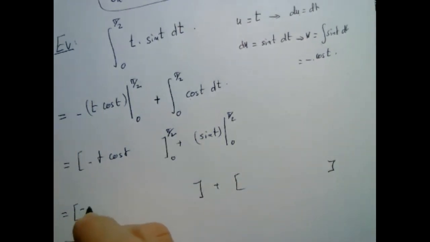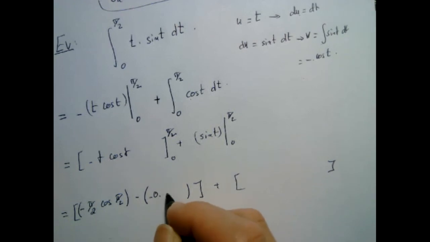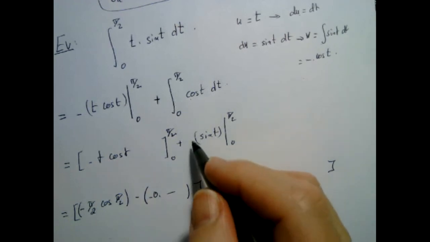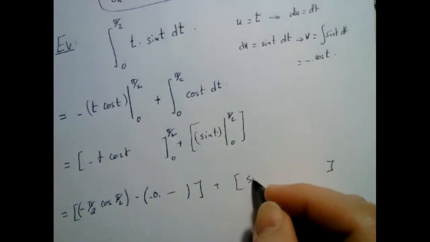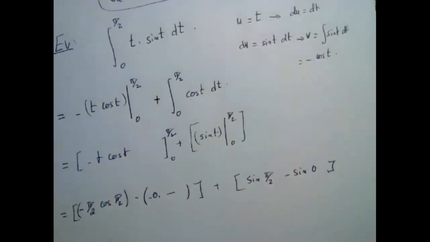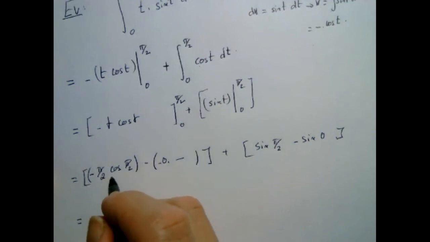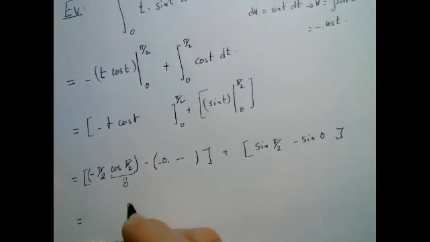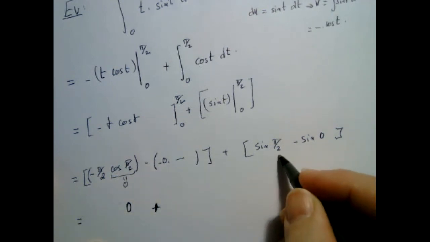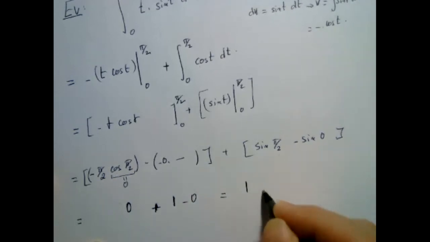At the upper limit, I will have minus pi over 2 cosine pi over 2, minus at the lower limit, I will have minus 0, which is 0. And plus this expression, sine pi over 2 minus the sine of 0. Cosine pi over 2 is equal to 0, so this will give me a 0, plus sine pi over 2, which is 1. Sine of 0 is 0, which is going to give me equal to 1.